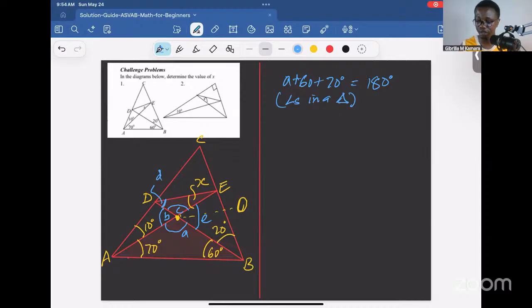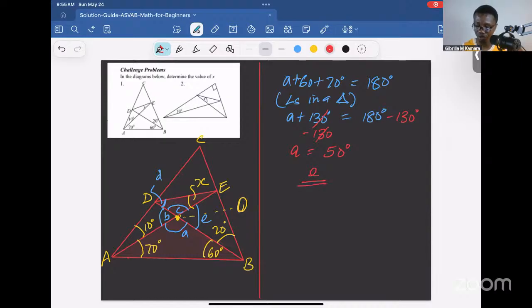Okay? So A plus, that gives you 130 equals 180 minus 130, minus 130. This and this goes. So my A is equals to 50 degrees.